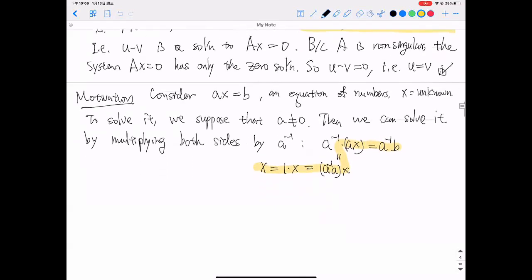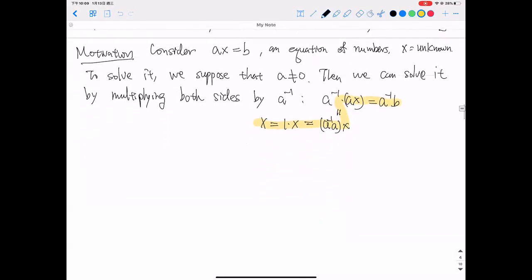Now, what we have been looking at are matrix equations, or systems of linear equations, AX equals B, where A is a size n by n matrix.